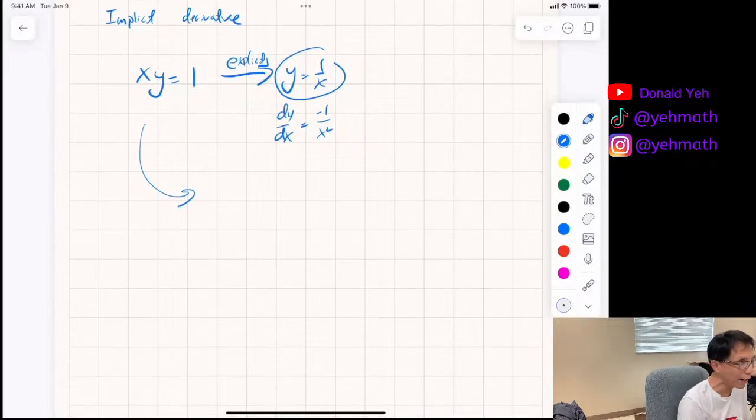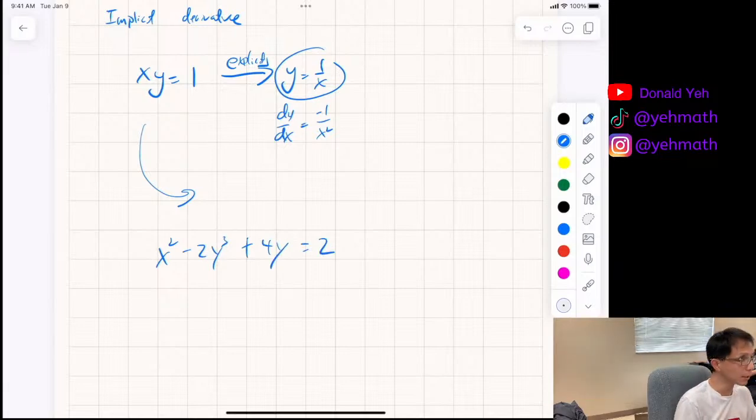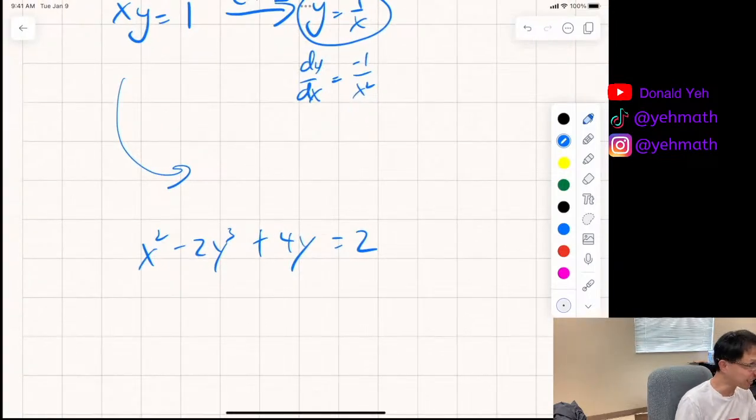Now, let's worry about why we need to use it. For example, what if it's x squared minus 2y cubed plus 4y is equal to 2? The problem is that it is not possible for you to isolate y. If it's not possible to isolate y, then the only way is to do things implicitly, which is, I think, a major contribution of Leibniz, besides Newton, who contributed to implicit derivative a lot more than explicitly.